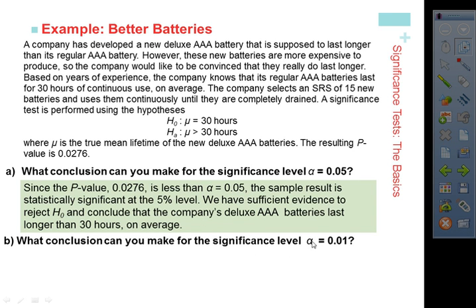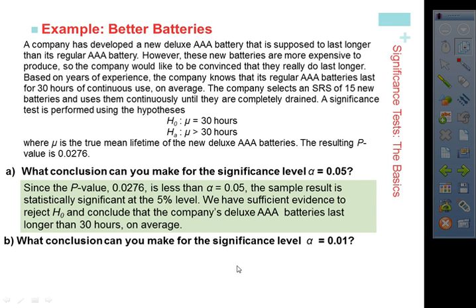What conclusion could you make at the significance level of 0.01? Well, when alpha is 0.01, my p-value is no longer smaller than it, it's greater than it. So we would say since the p-value of 0.0276 is greater than an alpha of 0.01, the sample result is not statistically significant at the 0.01 level.